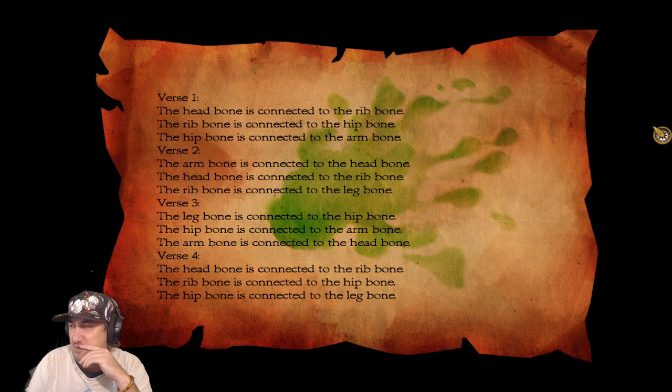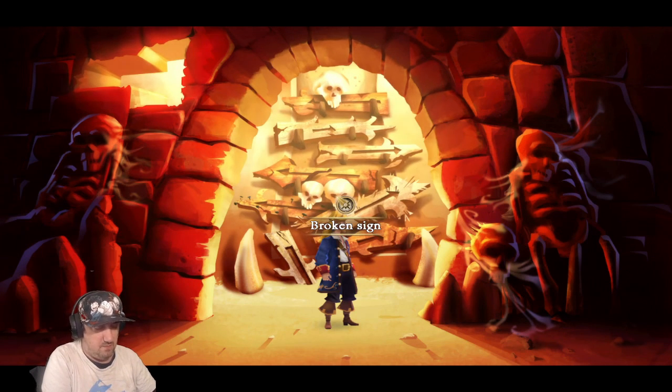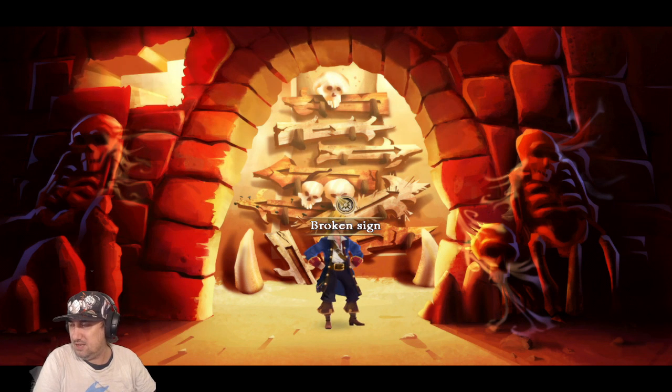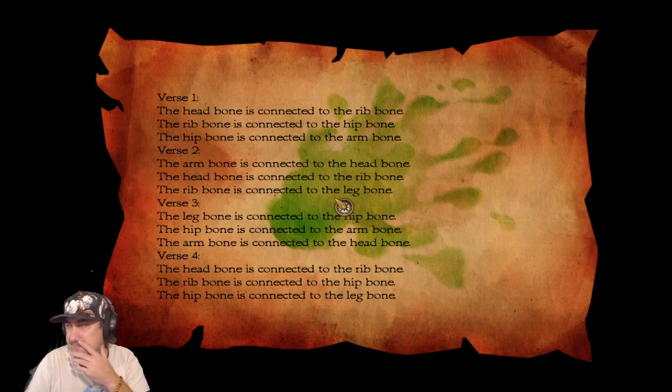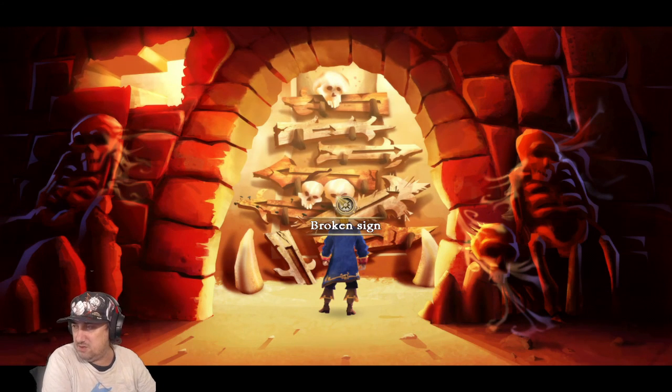Oh, this is kind of stupid to be honest with you. Rib to hip. Hip to arm bone. I'm just gonna put everything. Arm to head. So I don't have to keep on looking at that arm. Okay.